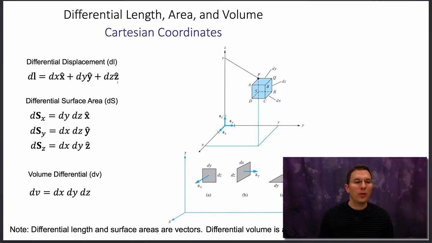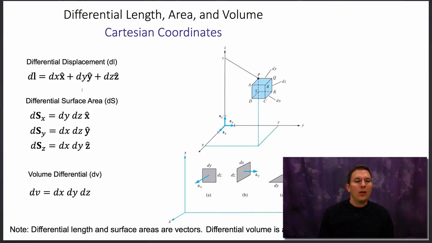And if you'll notice, these little differential displacement vectors, this is the little dl that we saw before, take a different form in each coordinate system. And here, dl just looks like this: dx x hat plus dy y hat plus dz z hat.